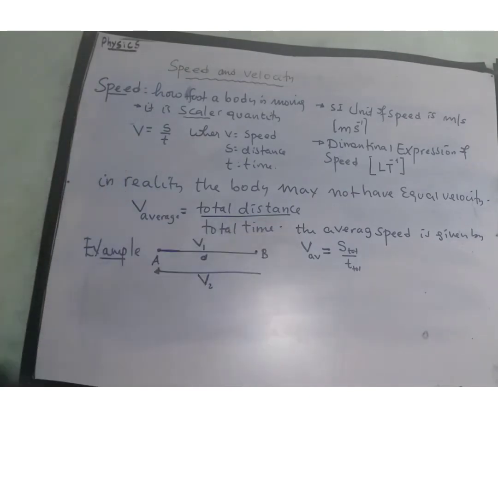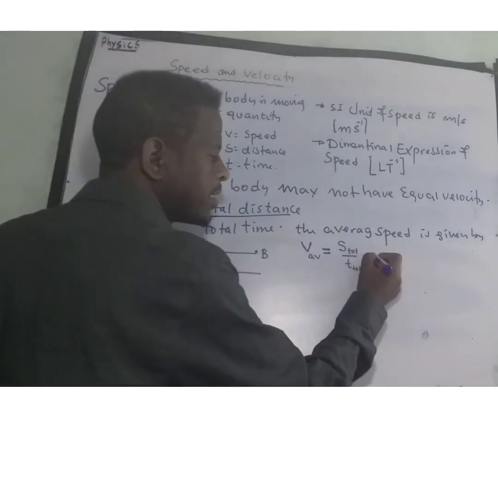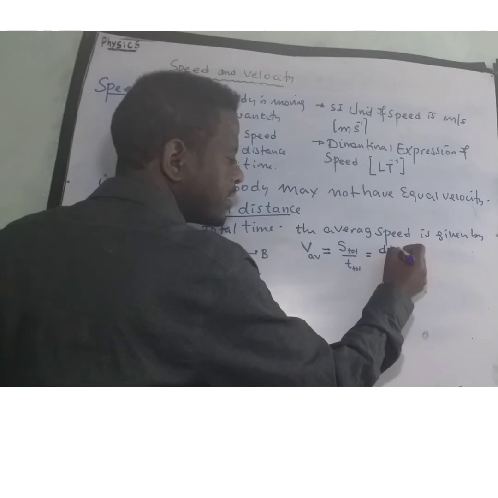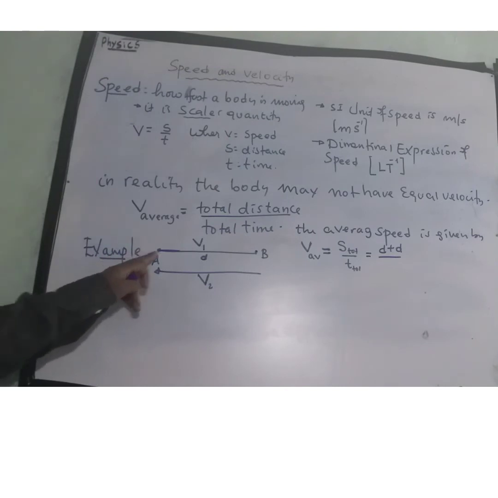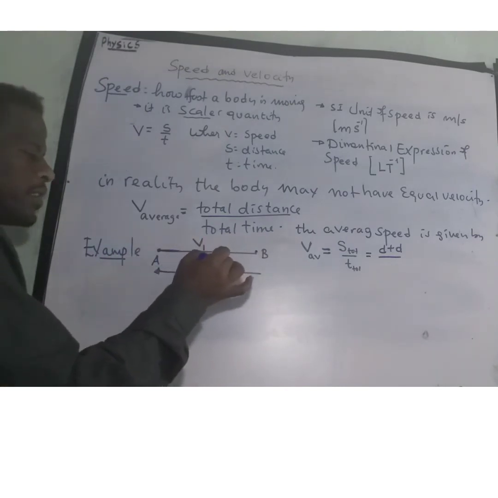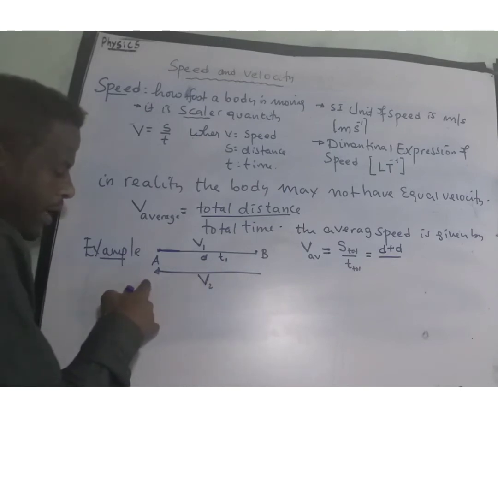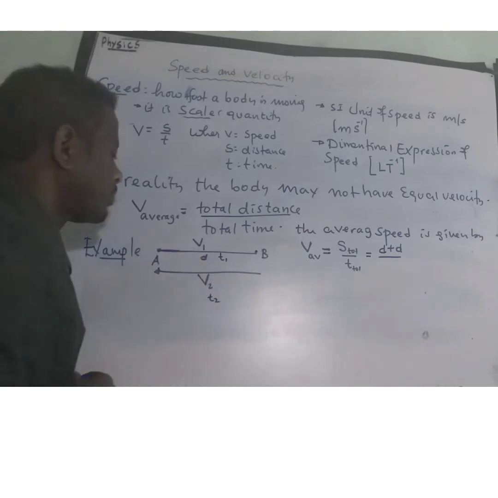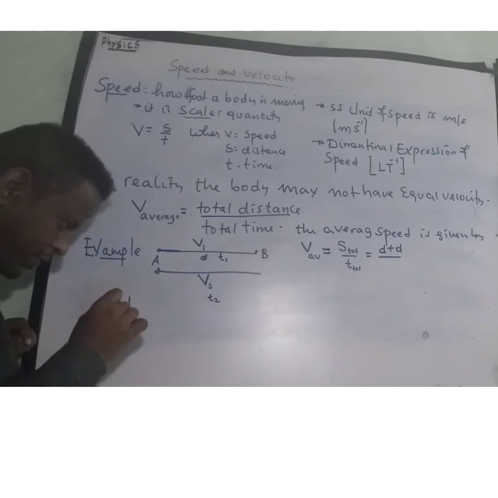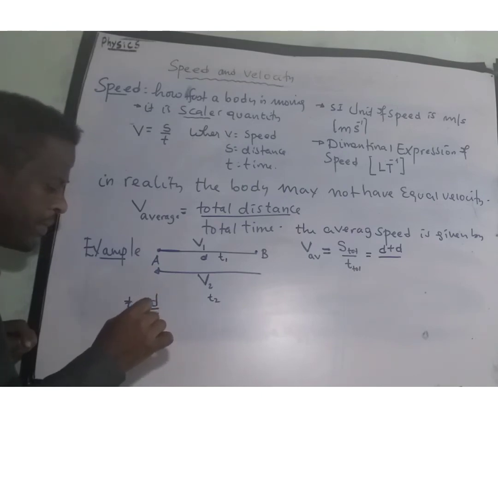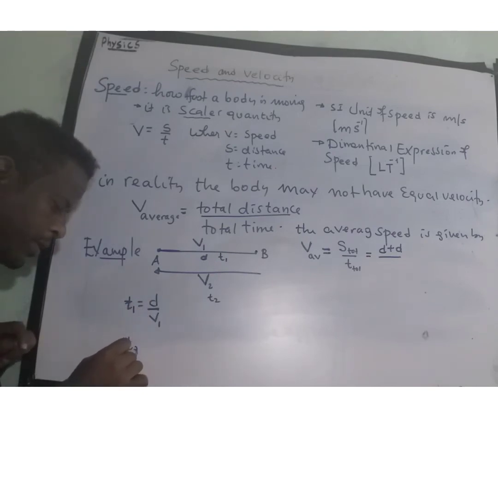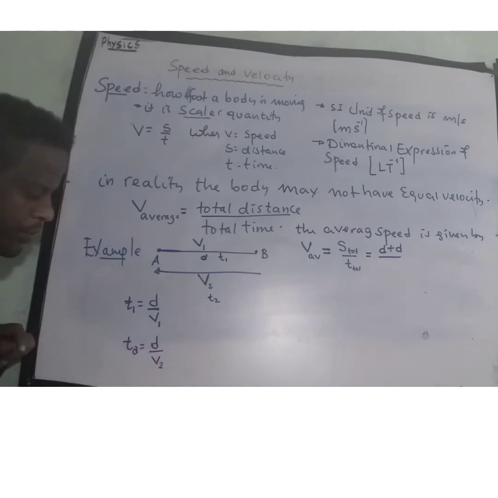Therefore, the total distance equals d plus d, and for the total time, from A to B the time is t1, and from B to A the time is t2. Let's solve: t1 equals distance over speed v1, and t2 equals distance over speed v2.